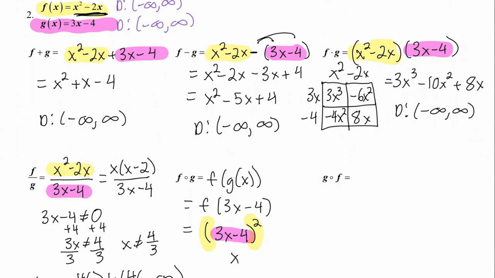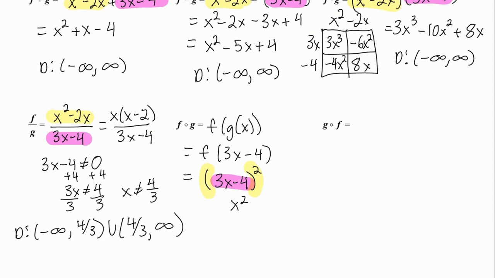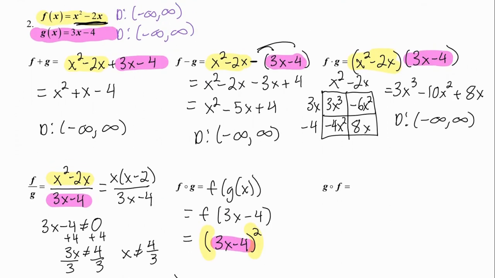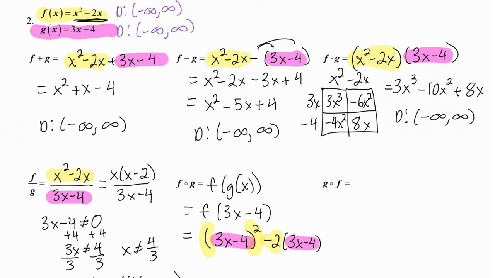I'm just substituting 3x minus 4 in for x. Okay, and then we're doing minus 2x. So again, I'm going to put that 3x minus 4 in there. That minus 2 is part of that f equation, but we're plugging in 3x minus 4 every time we see an x in that original equation.